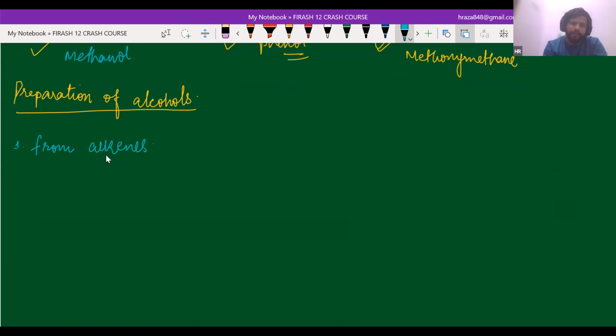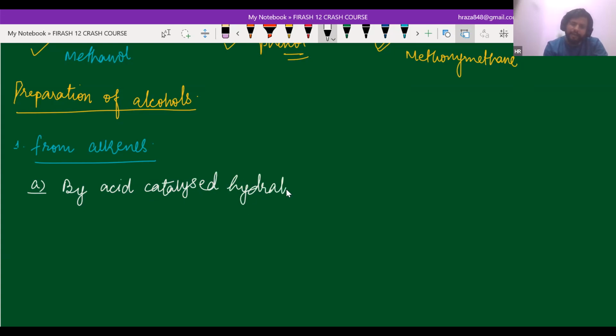And there is a mechanism for how we are going to prepare alcohol from alkenes, and that first part is acid catalyzed hydration.